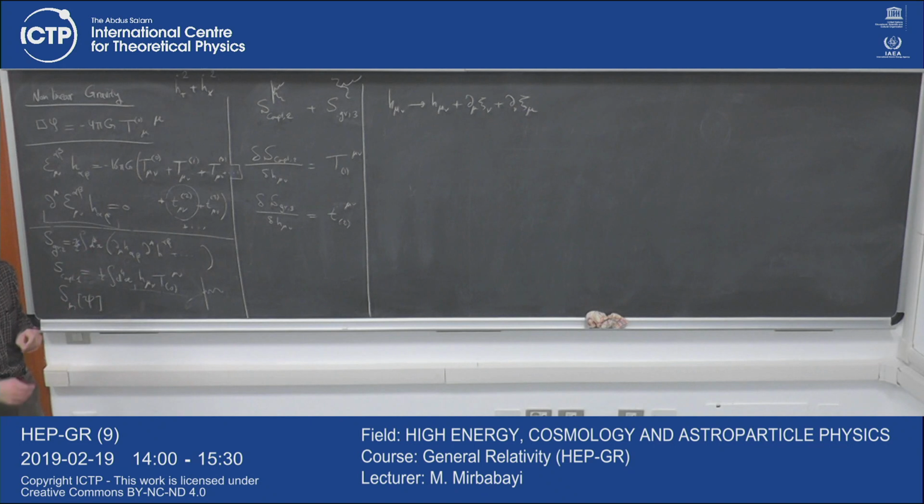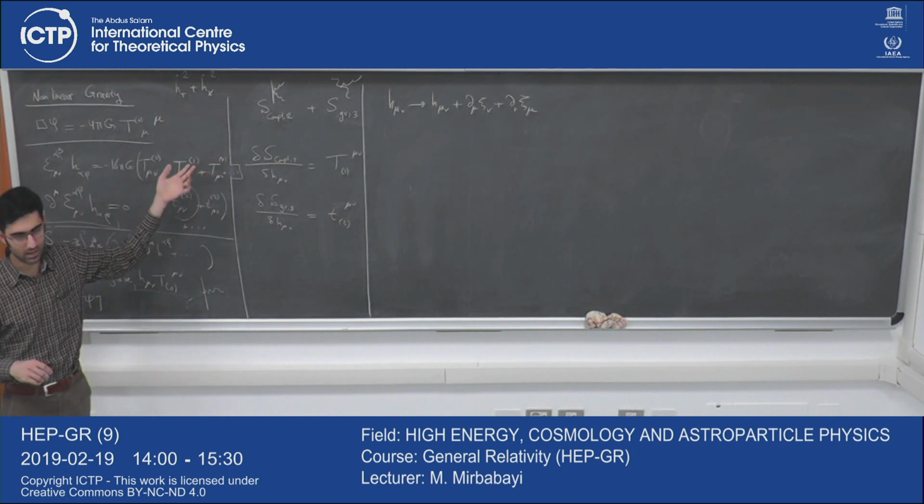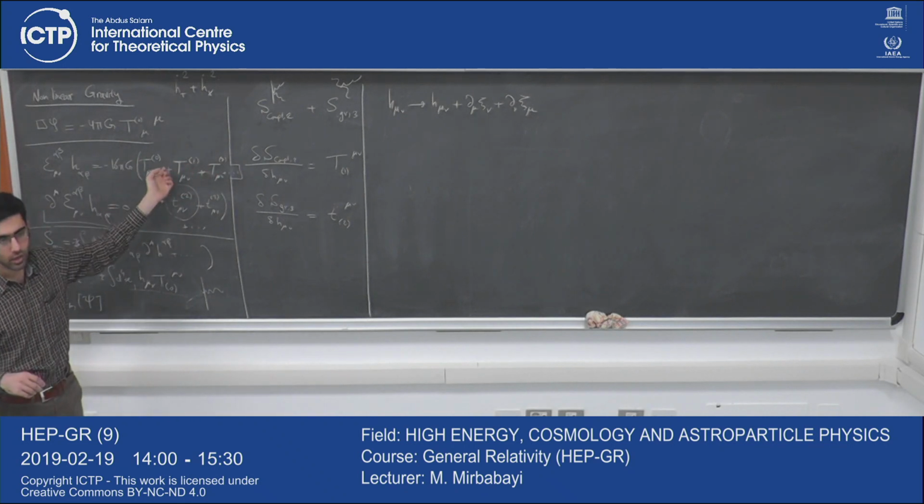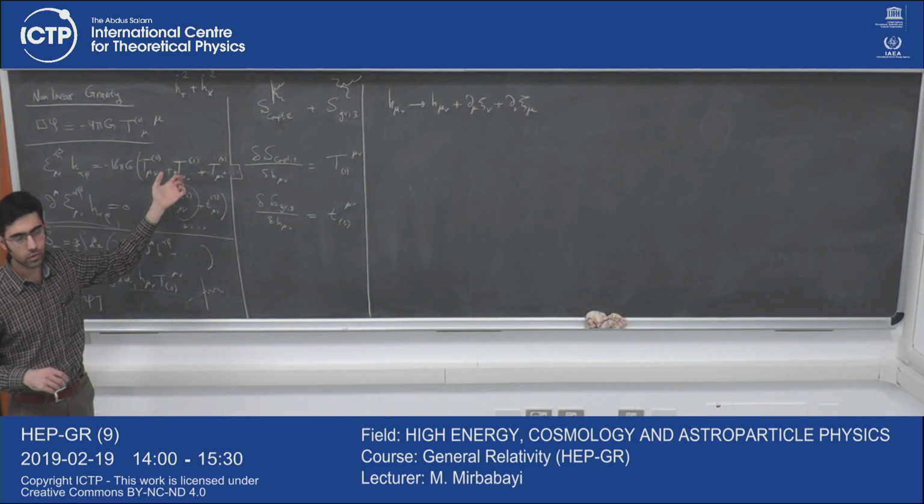Yes, but I'm talking also about the higher order terms. Are they diffeomorphism invariant or not? Well, until I write the full theory, no. In fact, that's basically the way that we are going to find the full theory.